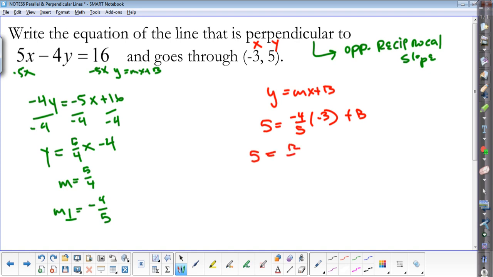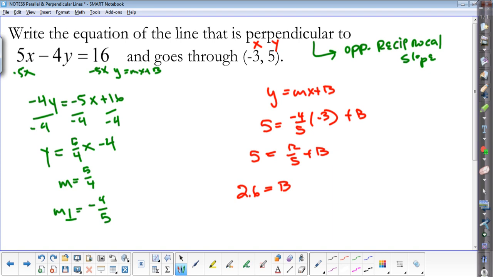That's 12/5 plus b. Subtract 12/5 from both sides, and you might get 2.6 equals b, or depending on what your calculator said, you might have gotten 13/5 equals b, or you might have even gotten 2 3/5.